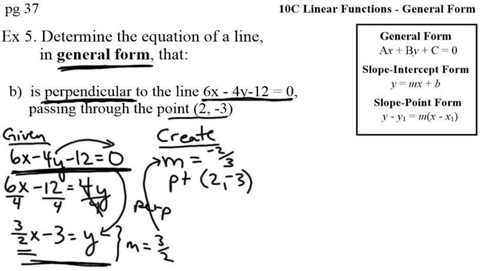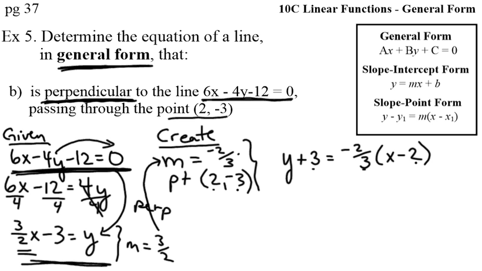From there, I have a slope and a point, so I can create slope-point form. Slope, negative 2 over 3. My point 2, negative 3, x minus x1, y minus y1. But now I need to make sure I go to general form. General form, special case, do a little distributing.